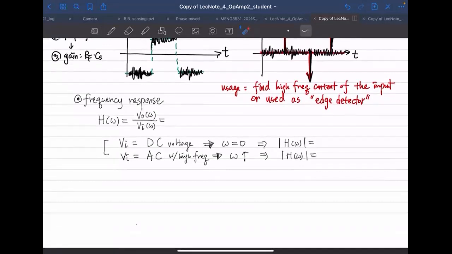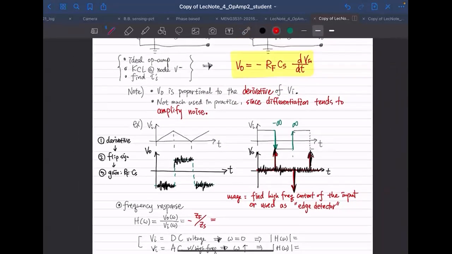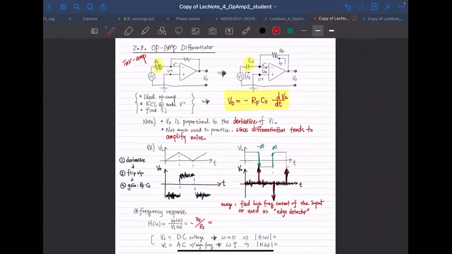So for the frequency response, we use the impedance analysis, and that is going to be negative ZF over ZS. And we need to find out what our ZF and ZS are. This here is ZS, and this here is ZF.